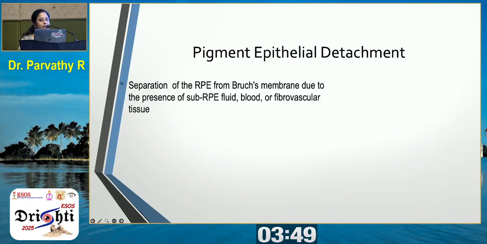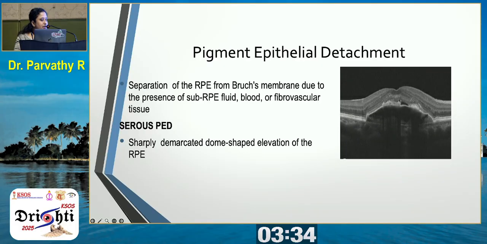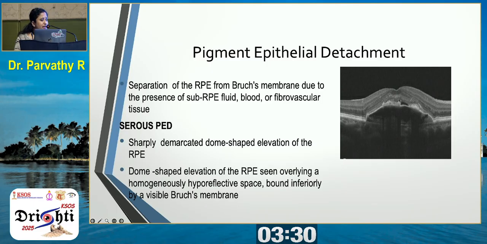Then pigment epithelial detachment is the separation of RPE from Bruch's membrane due to the presence of fluid, blood or fibrovascular tissue. If the separation is due to serous fluid, it is called serous PED and is characterized by a sharply demarcated dome-shaped elevation of RPE, and beneath it there will be a homogeneous hyperreflective space, and the underlying Bruch's membrane can be made out.